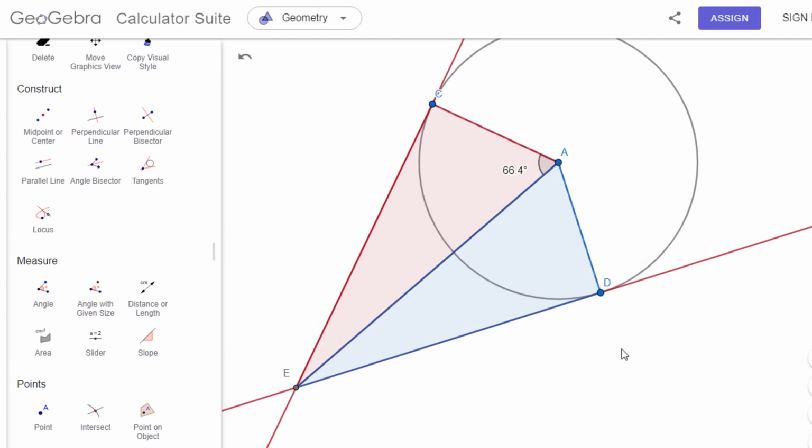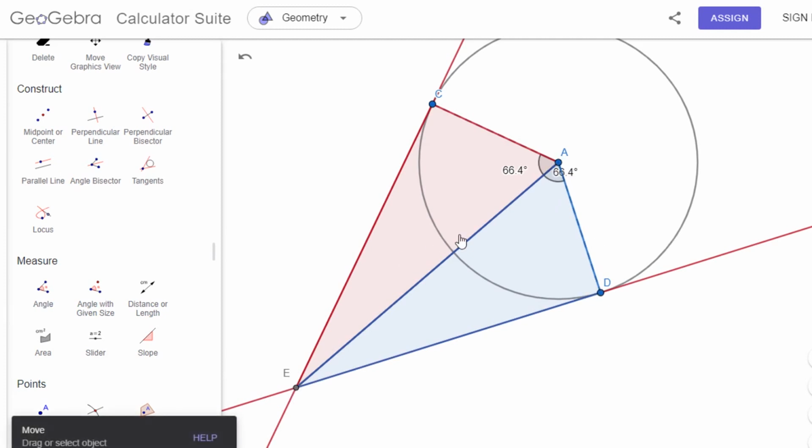Now, since you know that these triangles are congruent, this angle right here is equal to this angle we are required to find. So therefore, this angle also is going to be 66.4. So let us measure that. EAD.